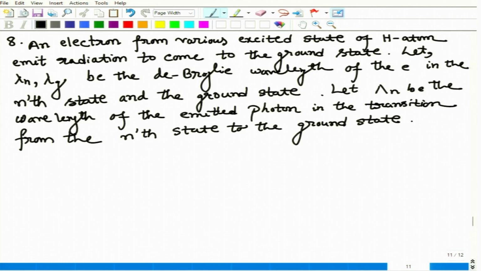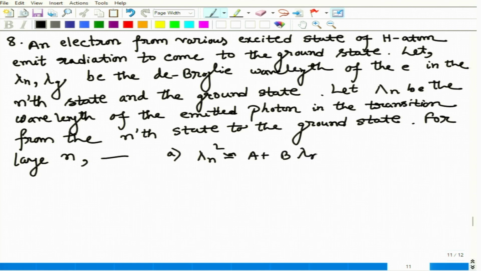Okay. Then it asks, for large n, what relation would be true? A is lambda n square approximately equals a plus b lambda g square.